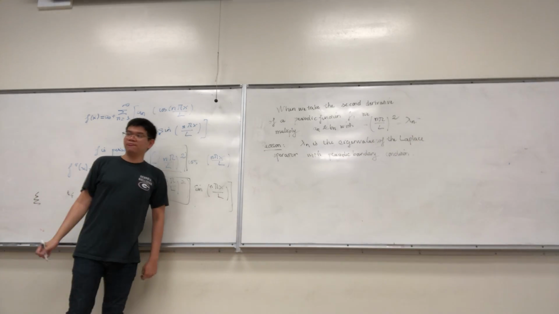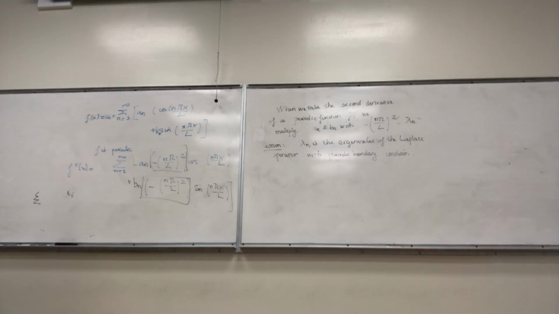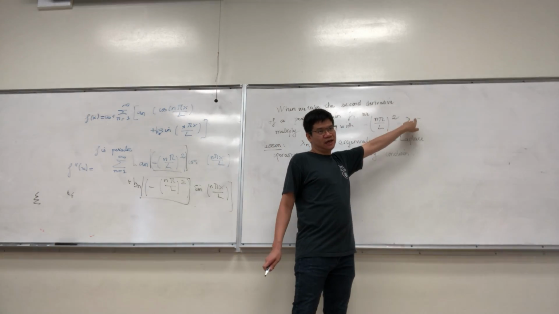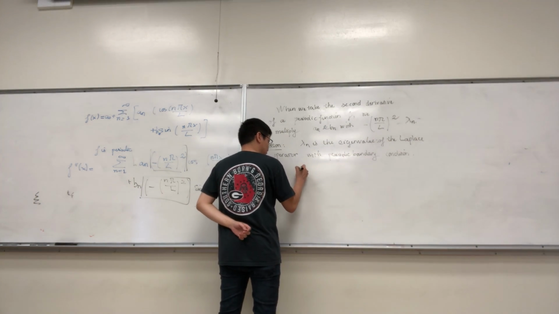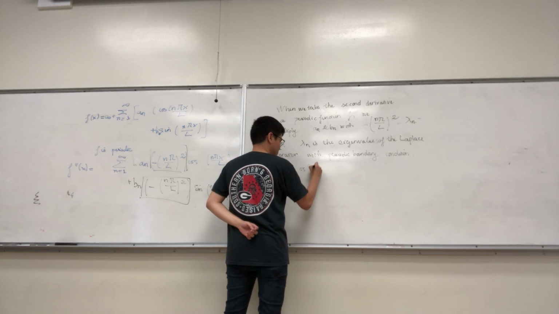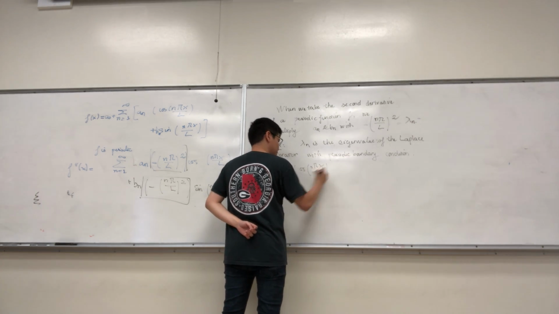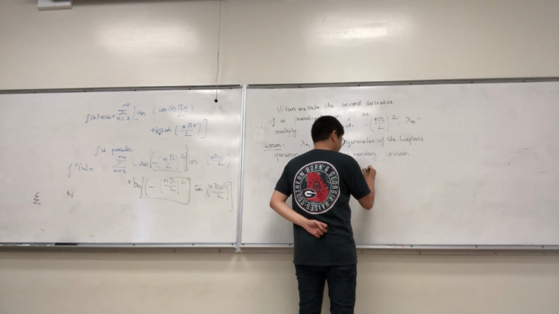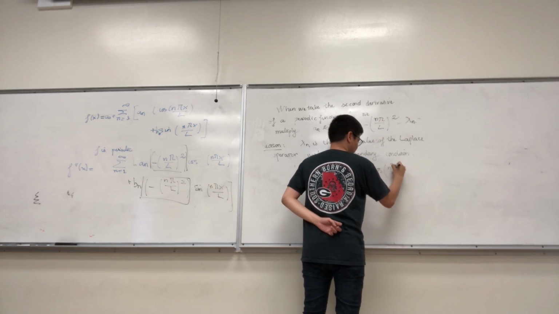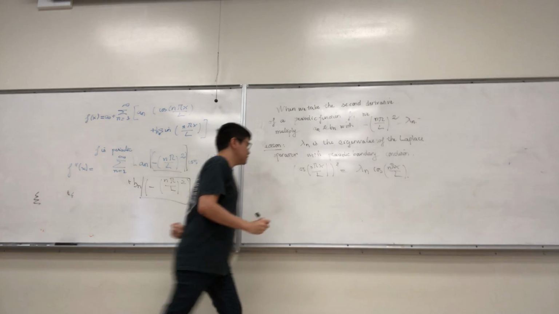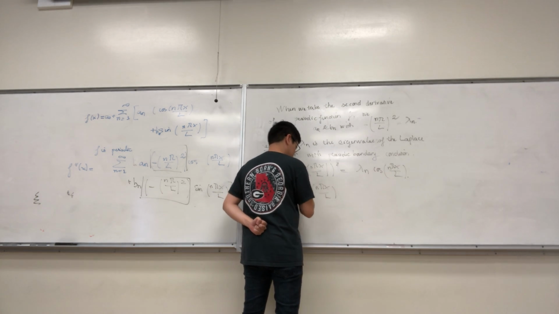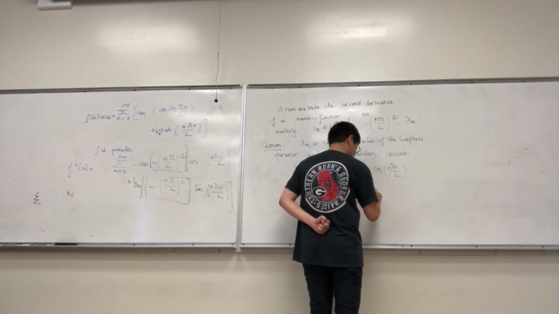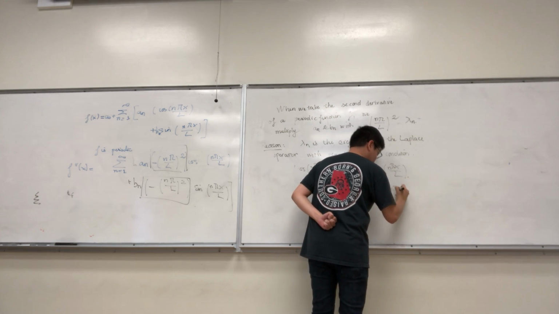So the reason that you can do that is because the Laplace operator has those factors as the eigenvalues. So you get: the second derivative of cosinus of n pi x over L is lambda n cosinus of n pi x over L, and the second derivative of sinus of n pi x over L is lambda n sinus of n pi x over L.